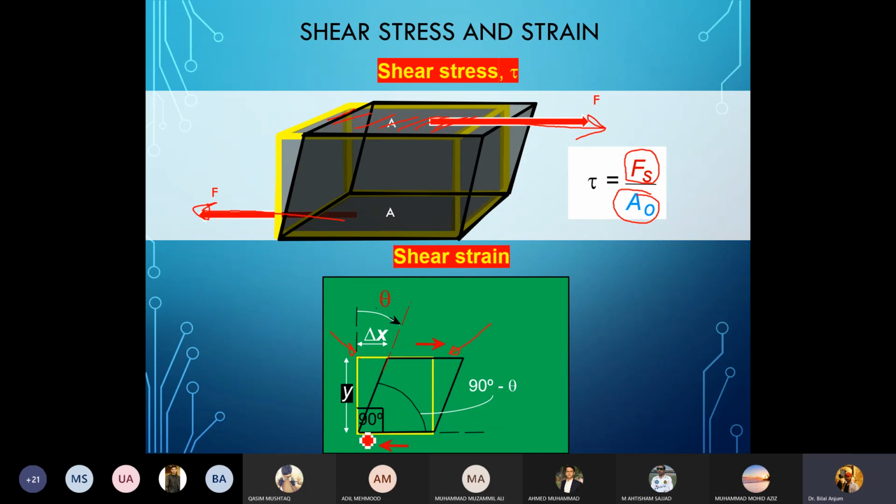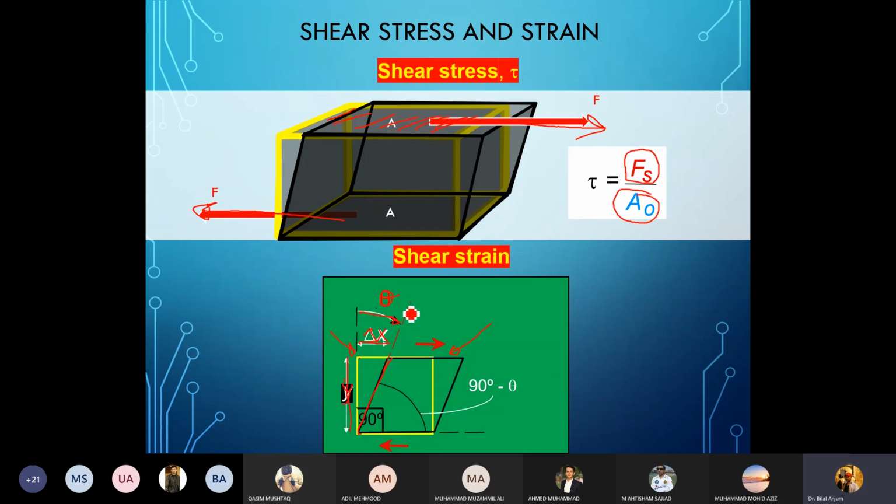Now, if you see the distortion that has taken place, with the black as the distorted region, this is the angle theta, which represents the distortion. This is the change in length, delta x, divided by the original length, which is y.